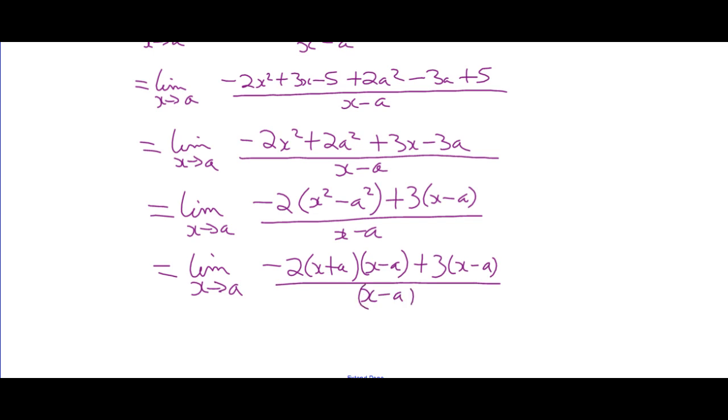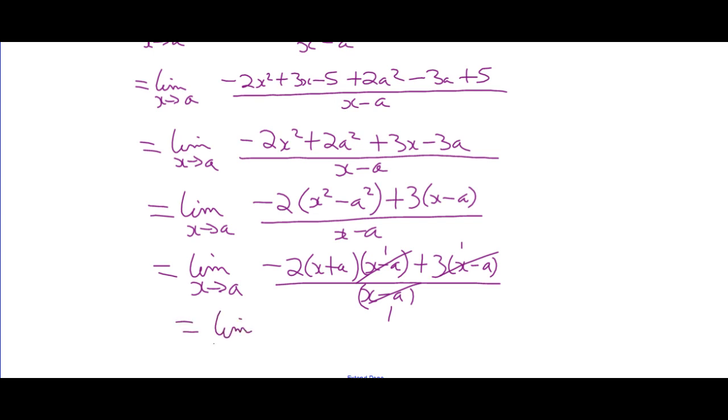So what do you want to do? Just cancel the x minus a everywhere it appears. I could factor it out of the top separately, but that's a bit of a wasted step. It's in this term, it's in this term, it's down here.